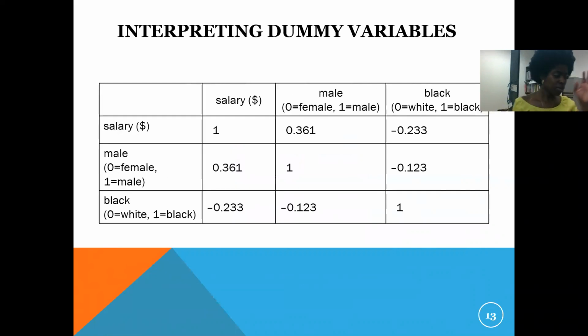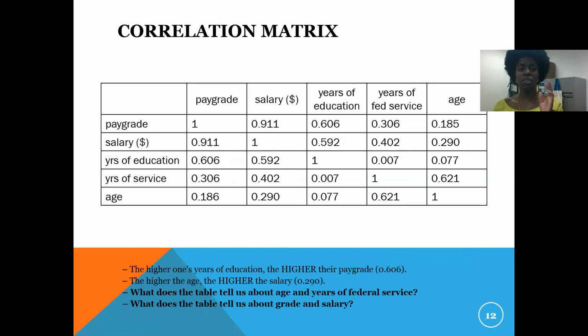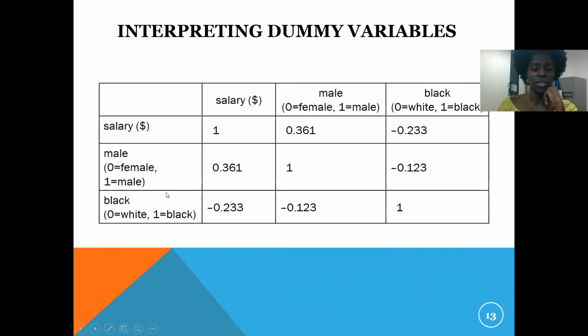So now those are examples of two interval level variables. These are all interval level to another interval, say 10 years of education, 12 years of education. Years of service, you know, I've worked here 35 years and I am 35 years old. So these are interval variables. And we know that we can code dummy variables because we've done it in our homework.